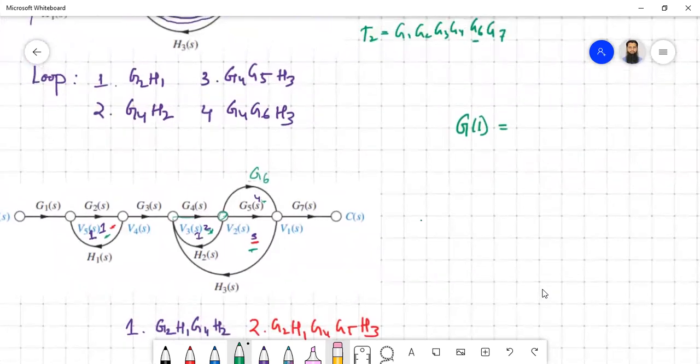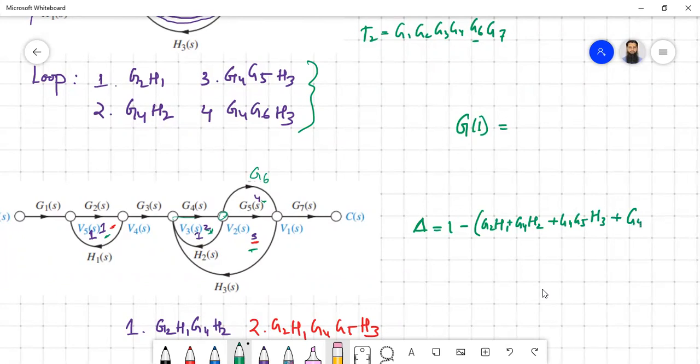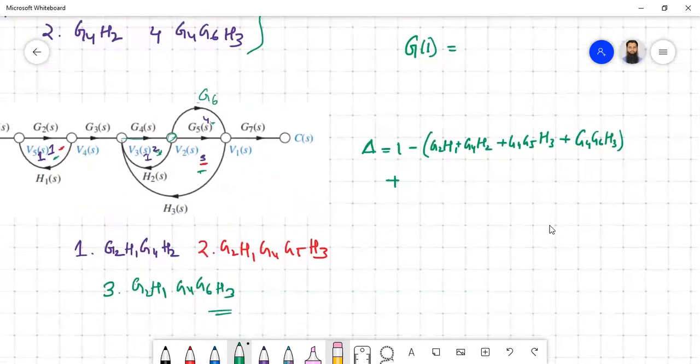Del equal to 1 minus all the loop gains. So we already calculated what are the loop gains. So all the loop gains: G2 H1, and then G4 H2 plus G4 G5 H3 plus G4 G6 H3, plus all the non-touching loops two at a time. So two at a time we already calculated.